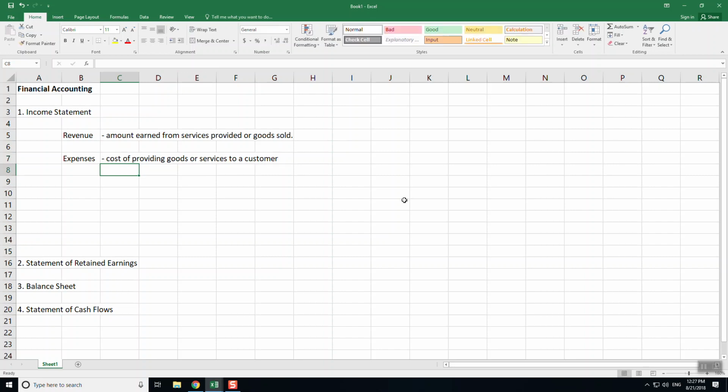So that's what goes into the income statement. What you're going to do on an income statement, basically, your net income will equal your revenue minus your expenses. Okay? That gives you net income.